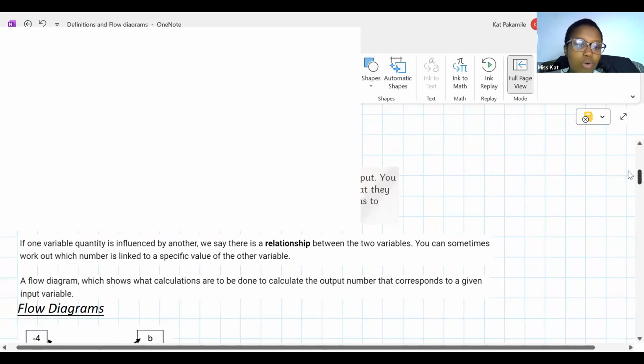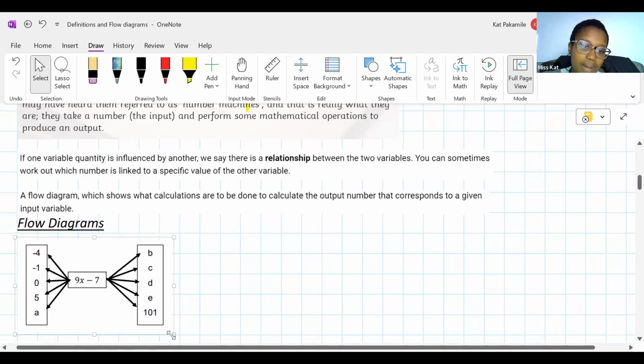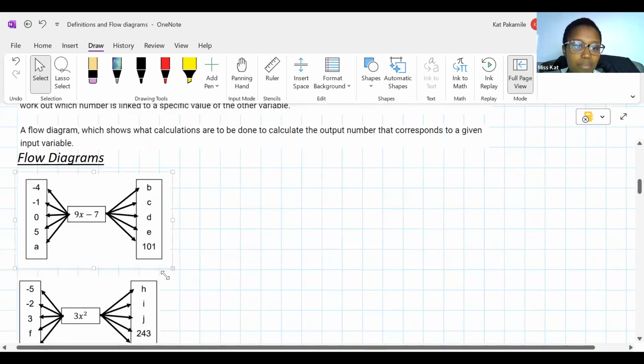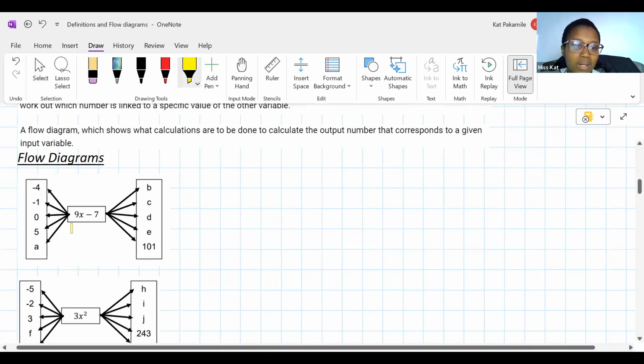I'm pretty sure we have all seen flow diagrams before. Here is example number 1. So we're going to have to work out what A, B, C, D, and E are. Okay, so in a flow diagram, generally what we have in the middle here is our formula.